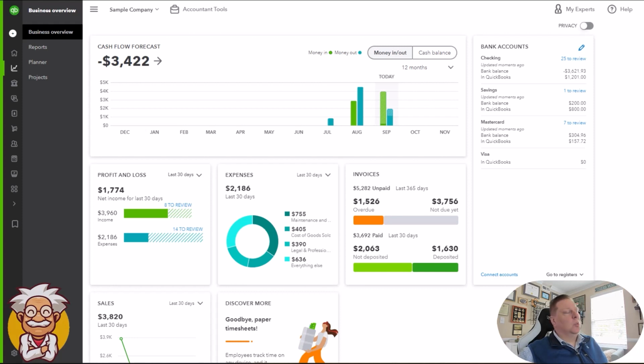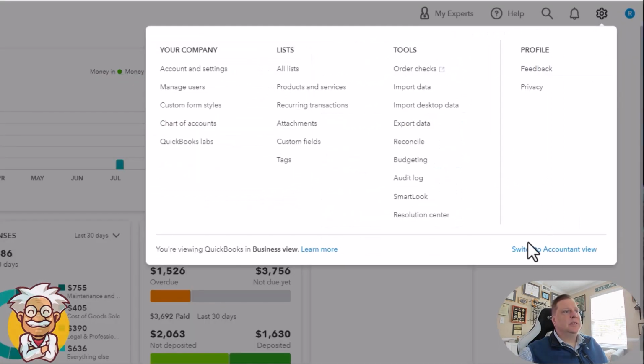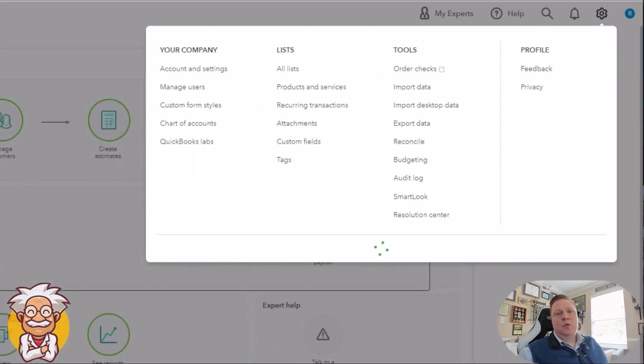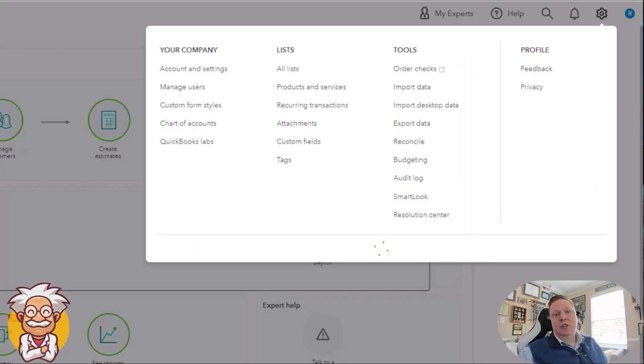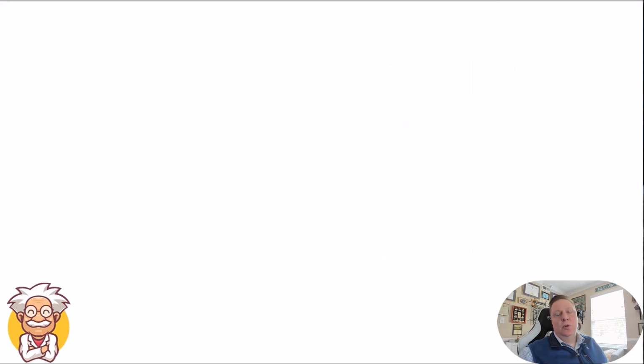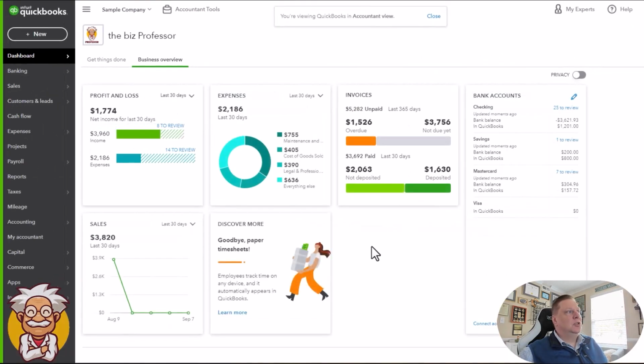Now, before we really dive into this business overview, I want to go up here to the settings wheel and switch over to the accountant view, because I know some of you really do like using that accountant view, and I want to show you how you get between the two dashboards.